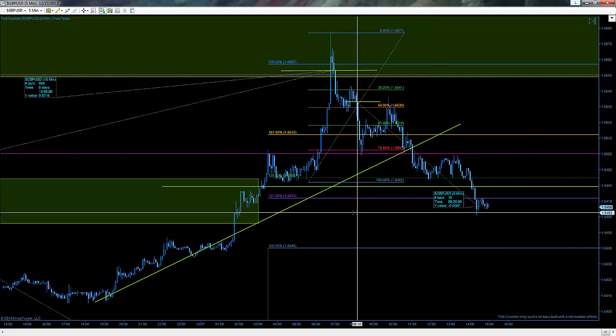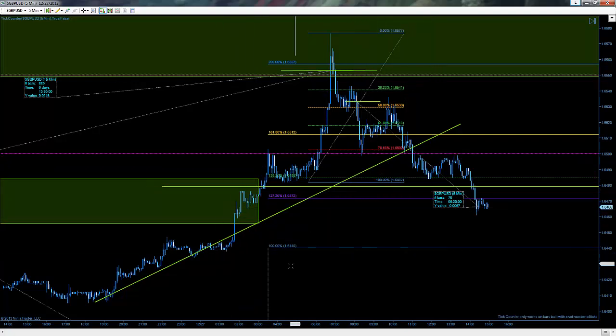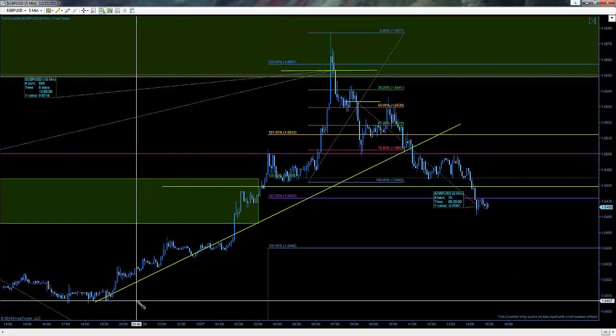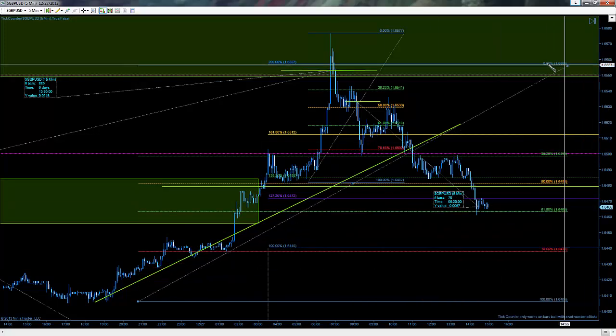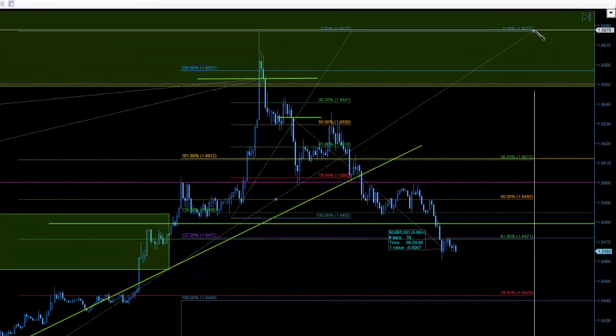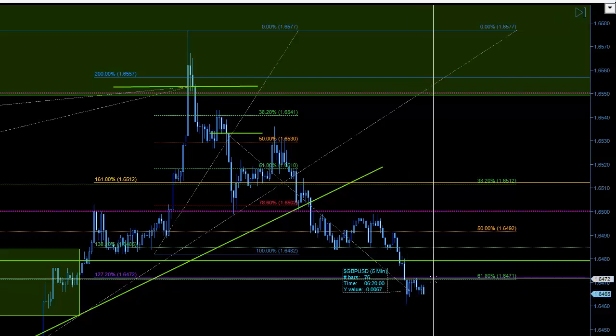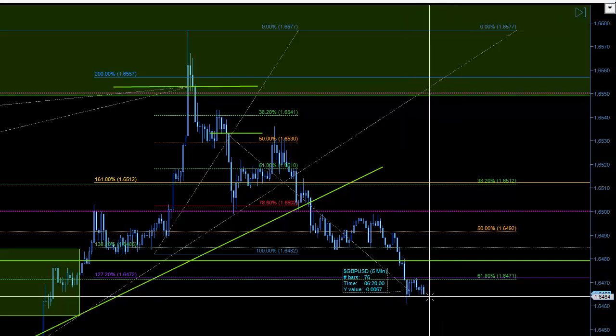You also want to draw a ratio from here to here. See where you're testing. You're just below the 61.8 here. Price still has an inclination that it wants to drop lower, so there is no need to get out of this trade.